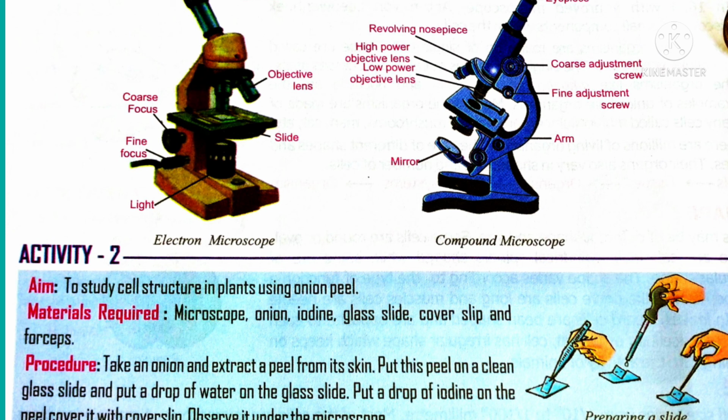Now you are going to keep the slide under the microscope. What do you observe? You can see clear, demarcated cell wall in each cell. We can see the cell wall of the cell, the cell membrane, and the nucleus present at the center of the cell. And also we can notice a large empty space present within the cell, which is called vacuole.